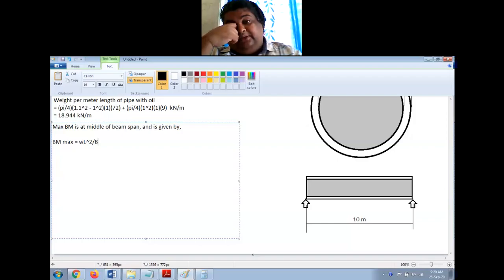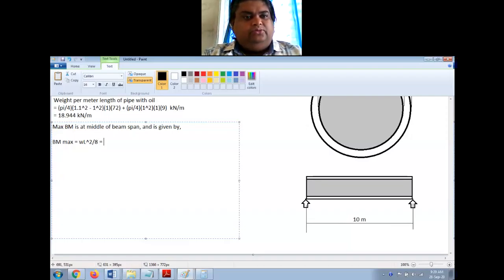We had done this derivation where W is the uniformly distributed load intensity, right? So here this W is 18.944 kilonewton per meter. So we have to just substitute 18.944 here, and L is the total length or the span of the beam, right? So this is equal to W is 18.944 kilonewton per meter into L is 10, square of it, by 8.